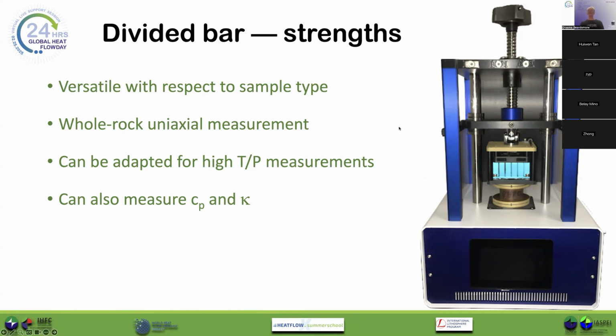And divider bars give that whole rock uniaxial measurement on albeit small samples, but at least give us the thermal conductivity in the direction we're interested in on a hopefully statistically large enough sample to reduce the impact of just small grains in the sample. The method can be adapted for high temperature and pressure measurements, as I talked about already, and the instrument can also measure specific heat capacity and diffusivity.